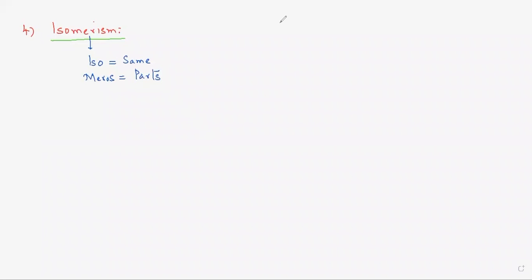Simply speaking, you will have the same molecular formula, but the same formula will have different properties, because of different existences. Let me give you a basic example. Suppose there is something with 4 carbons, it can exist this way or it can exist this way also.